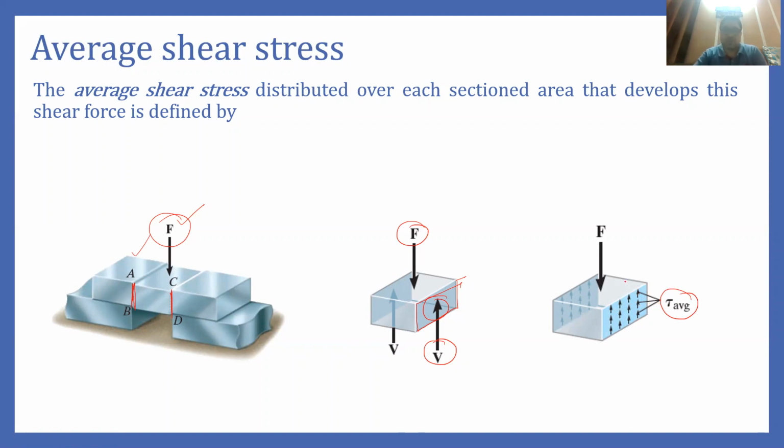Therefore tau average can be calculated as force upon cross-sectional area. So the force here is V, which is shear force, and A is the area of cross section. If this is D and this is B, the area of cross section becomes B into D. So that is average shear stress.